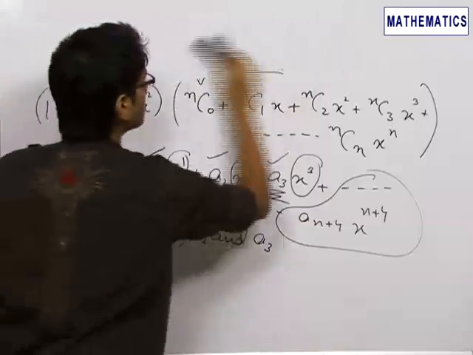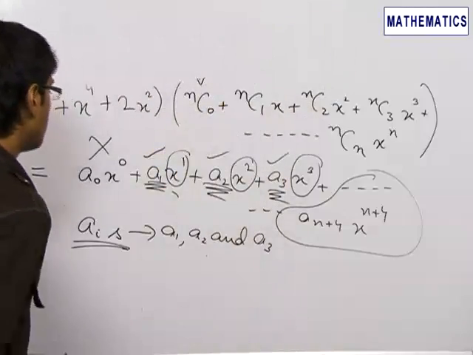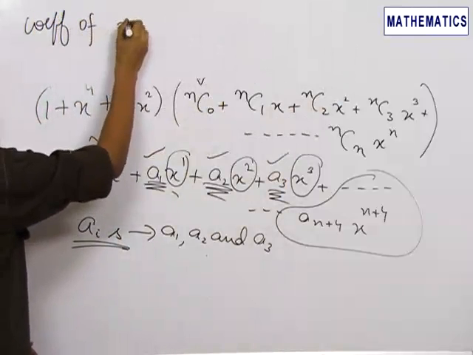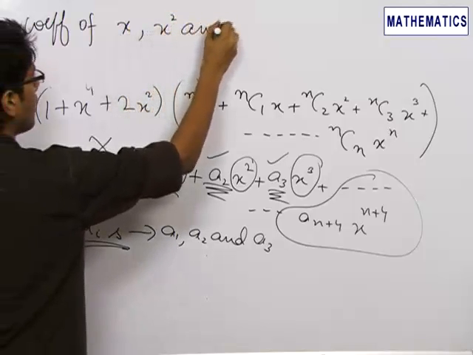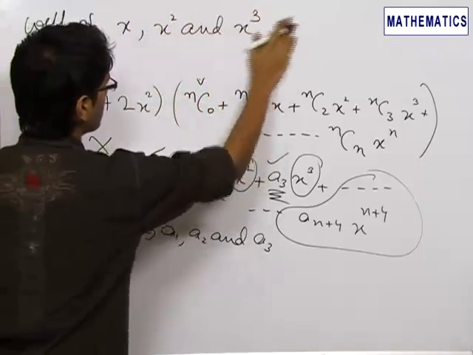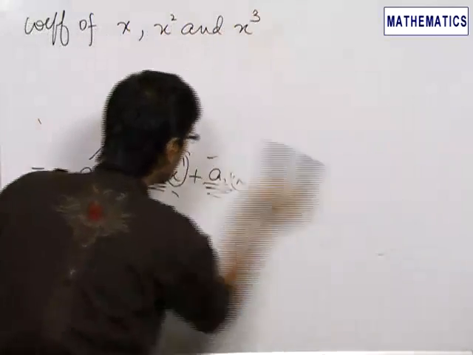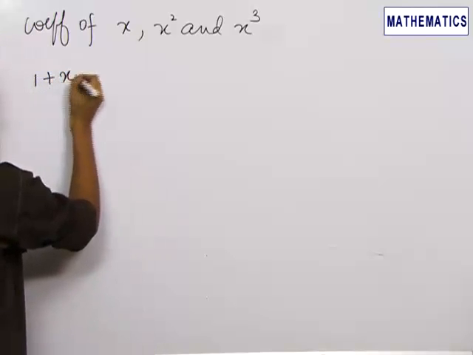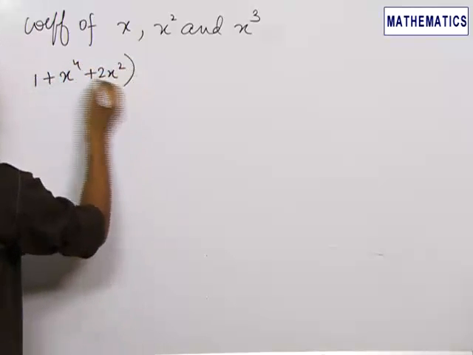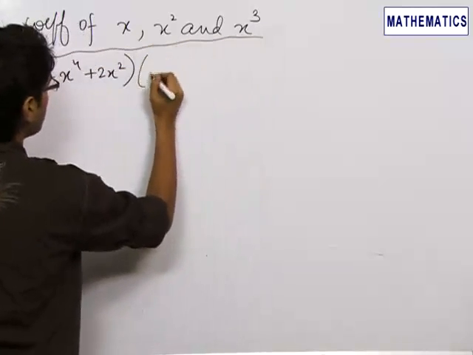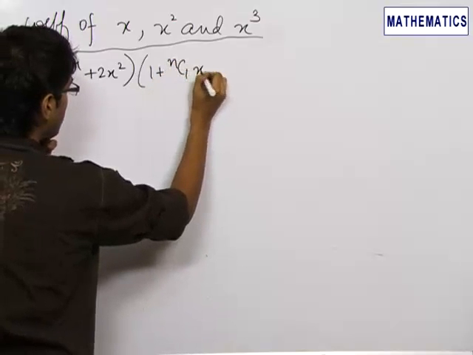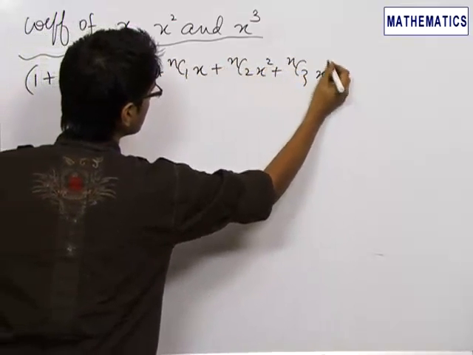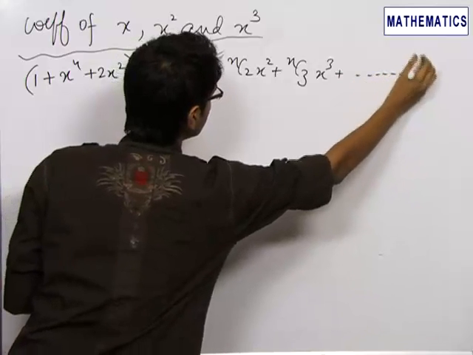So what we do is, we just need to care about the coefficients of x, x² and x³ in our LHS. We rewrite the whole expression again. We will get (1 + x⁴ + 2x²) into (1 + nC1 x + nC2 x² + nC3 x³), and we need not write the further terms because they are useless for us.